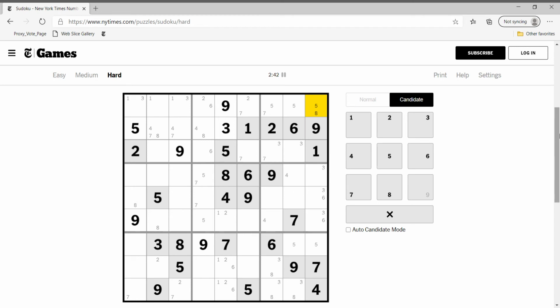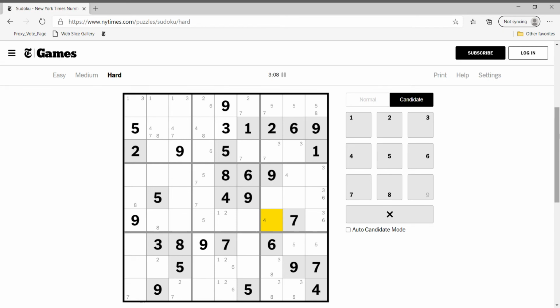And in fact, if this cell is 5, then we know this becomes 5, right? And so this has to be 5, and this has to be 4. Okay? If this cell is 8, then we know 8s are vertical over here, so this becomes 8.